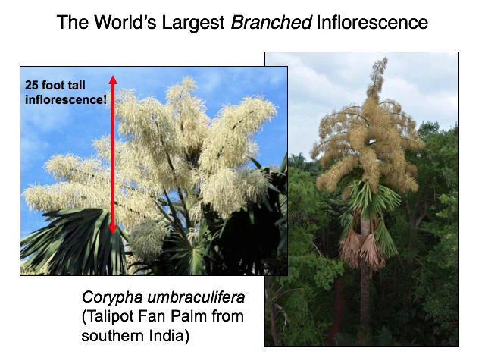Here's another fun fact. The world's largest branched inflorescence is from the talipot fan palm from southern India. The fan palm, with its large palmate leaves that grow up to 16 feet in diameter and a petiole up to 13 feet long, can have even bigger inflorescence.